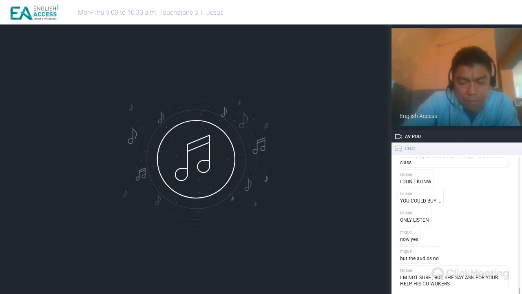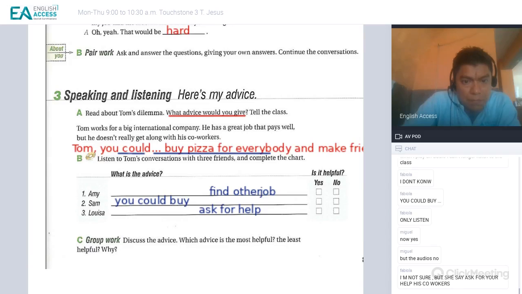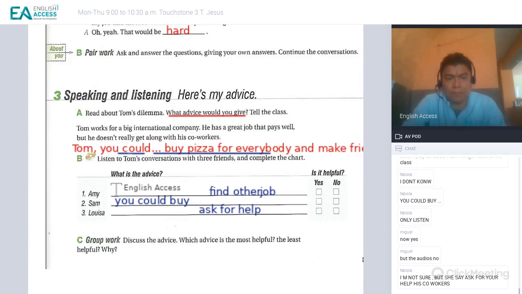Page 80. Lesson C. Page 81. 3. Speaking and listening. Here's my advice. B. Listen to Tom's conversations with 3 friends and complete the chart. 1. Amy. So, how is work going?